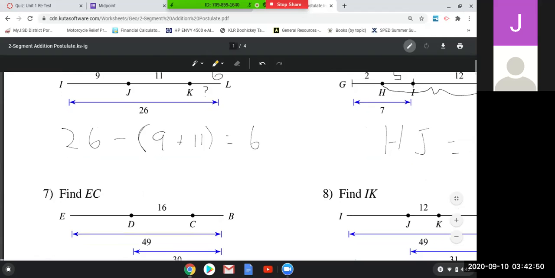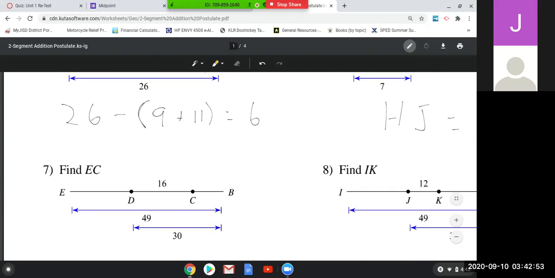And we'll have a couple more here. What I want to find is from E to C. It would be good if I could figure out what E to D is. They already have from D to B as 30 units, and from E to B as 49 units. So this right here is 30. It's equal in length right here.